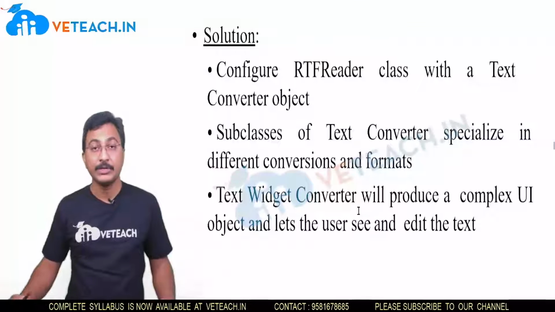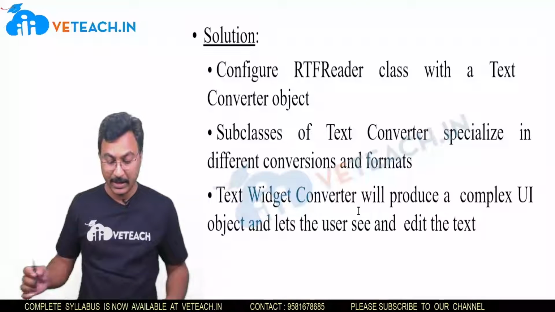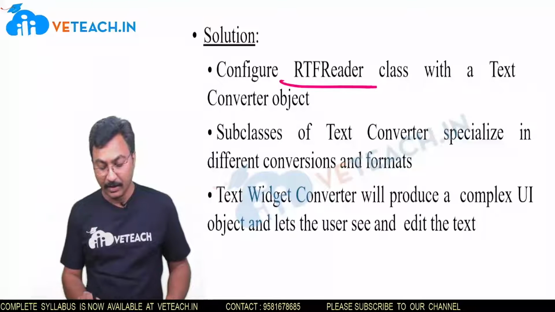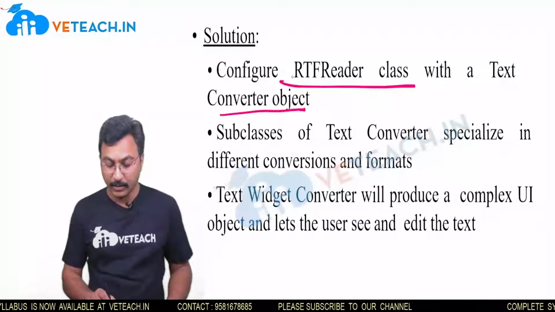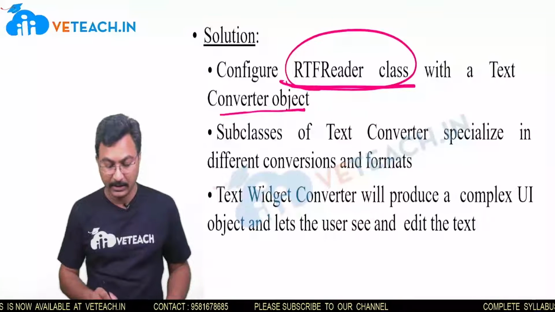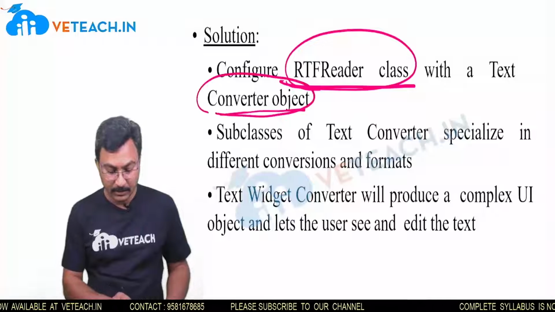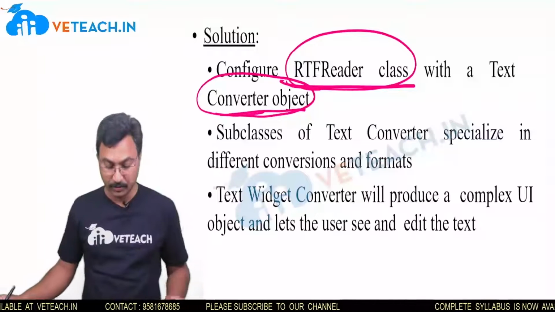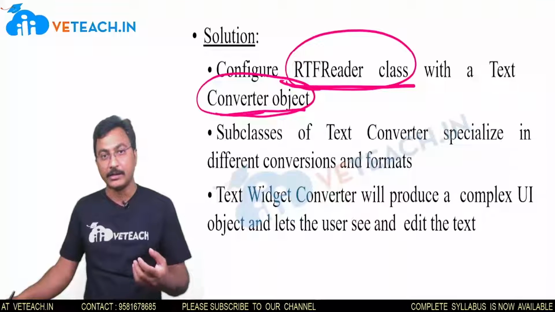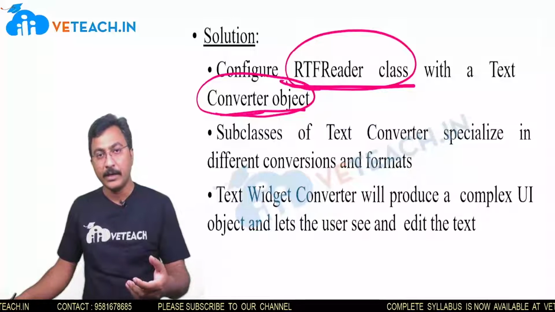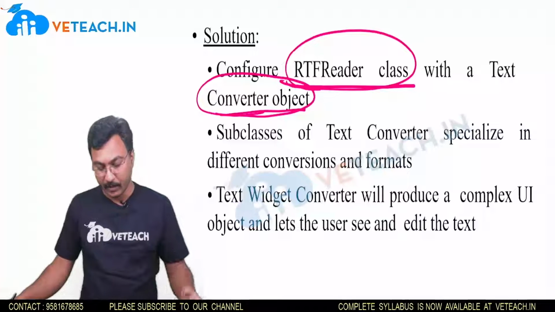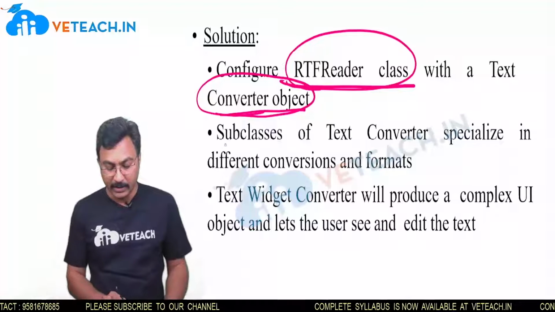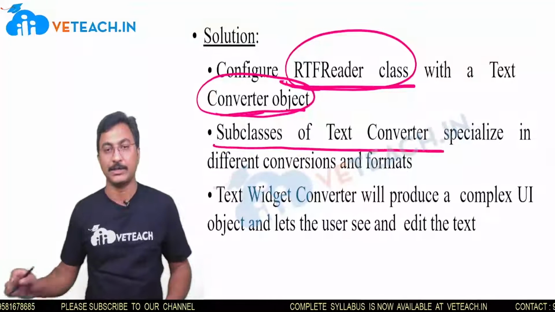The solution by using a builder is very simple: we will configure our RTF reader with a text converter object. So I'll create an RTF reader class and merge it with a converter object also. When an RTF reader reads a text, it needs to start converting into a specific format. That specific format is treated as a subclass of text converters.